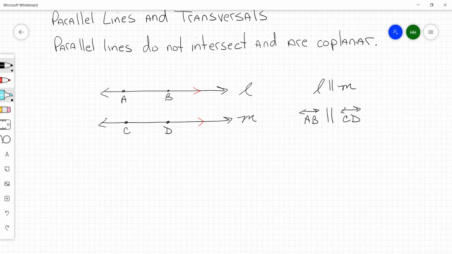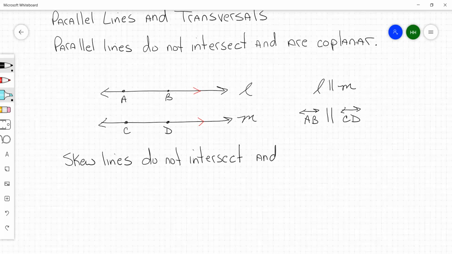Skew lines. Skew lines do not intersect and are not coplanar.